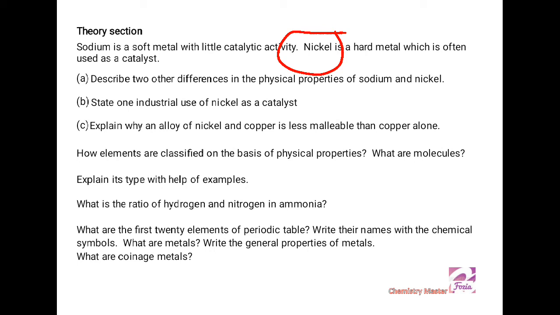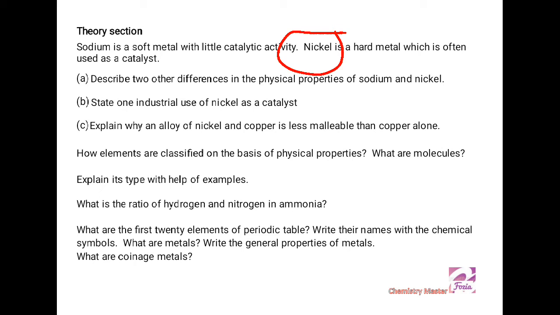C. Explain why an alloy of nickel and copper is less malleable than copper alone. That means when copper is pure, it is a good conductor and more malleable as compared to its alloy, in which nickel is added with copper. You know what happens?